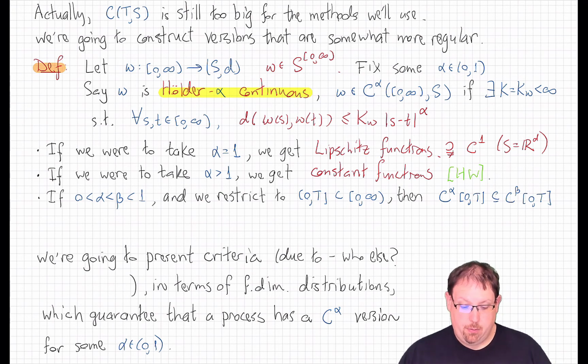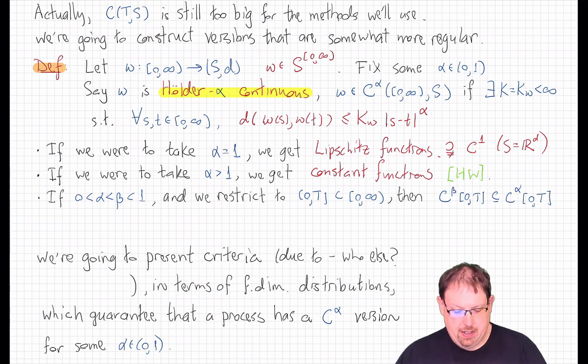Now, just to highlight one nice property of these Hölder continuous function spaces, they are nested, at least if we restrict our time interval to a compact interval. If alpha is less than beta, and omega is a C beta function on that compact time interval, then it's a C alpha function. That is, it's harder to be C beta continuous when beta is bigger than alpha. And the reason for that is quite straightforward.